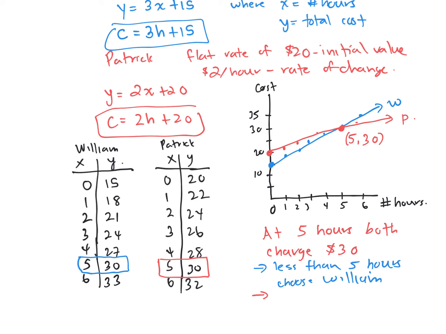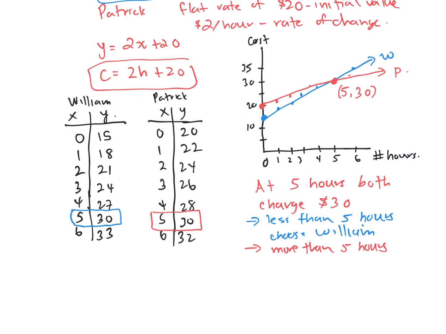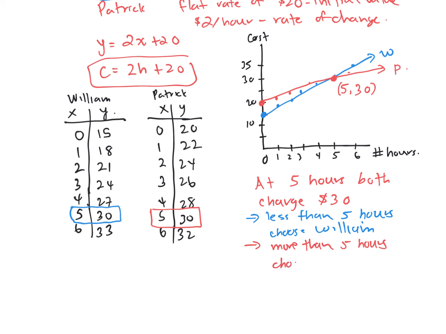If I'm using the tutor for more than 5 hours, then Patrick becomes the better choice because now he is the lower line. So in order to determine which one is best, we have to determine when they're both the same, and then we can see who is cheaper before that point and who is cheaper after that point.